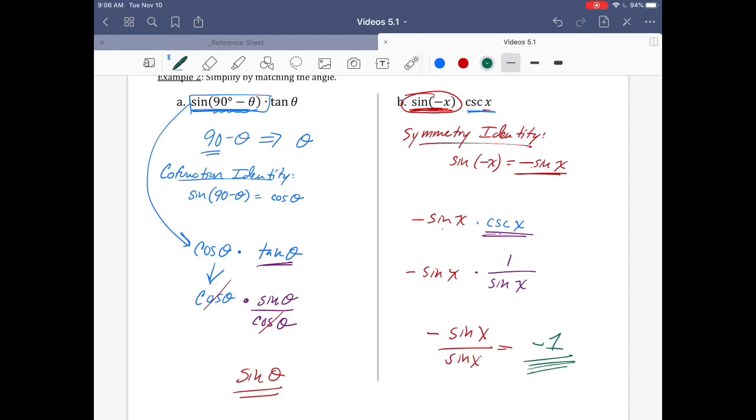And that would be the final answer, the most simplified version of this original expression. So again, we'll verify it in a couple of different ways in class. But what this is saying is that the sine of opposite x times the cosecant of x is equal to negative 1.